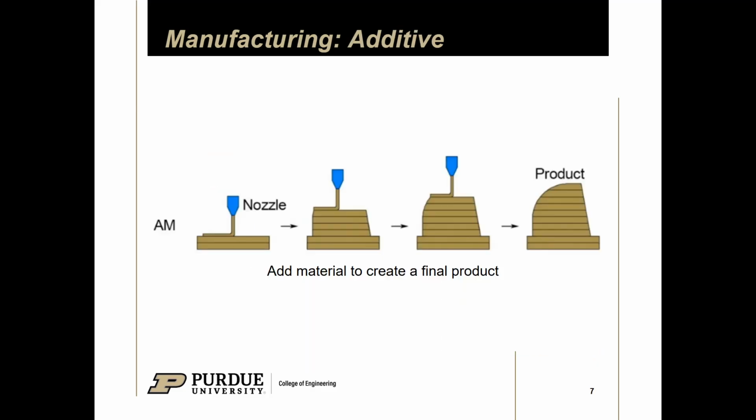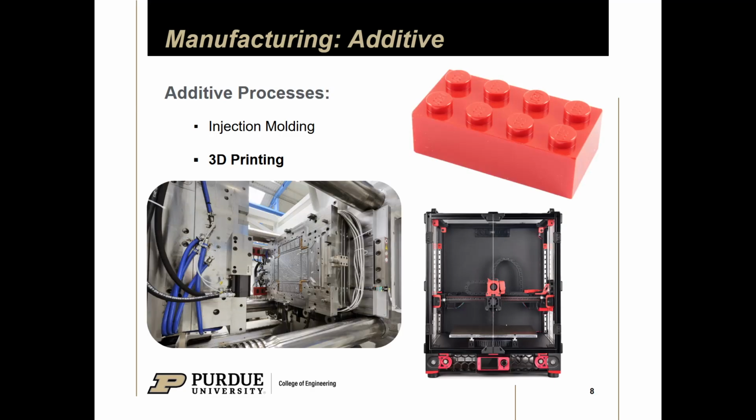The other manufacturing process is additive manufacturing, and that's when you take a material and you deposit it in some way to create your final part. So a lot of you will think about 3D printing when you think about additive manufacturing, but there's also injection molding, which is a more industrial process, but it also counts as additive manufacturing.